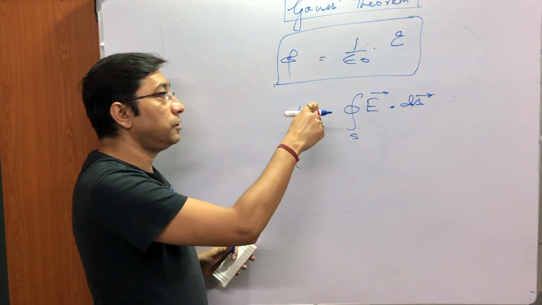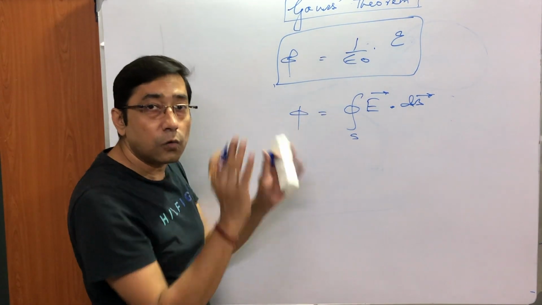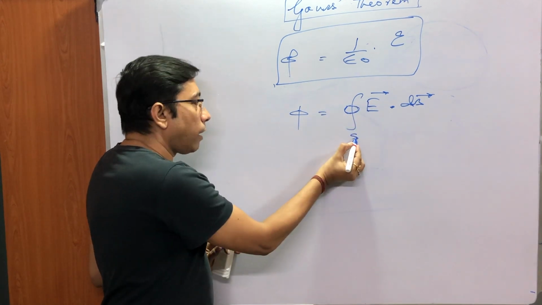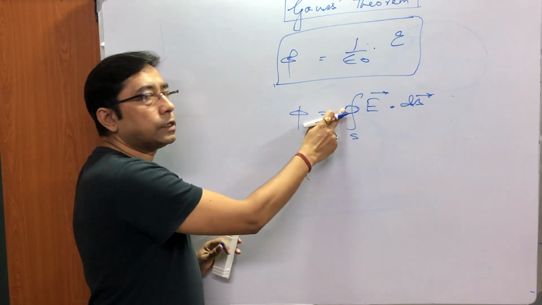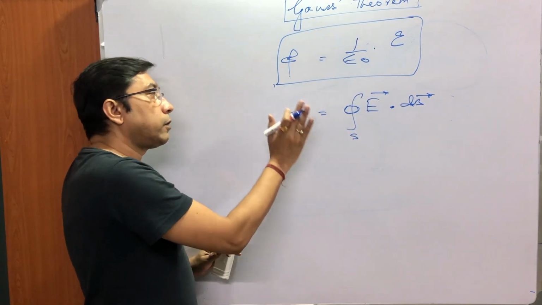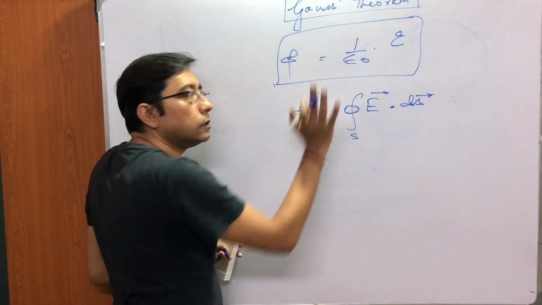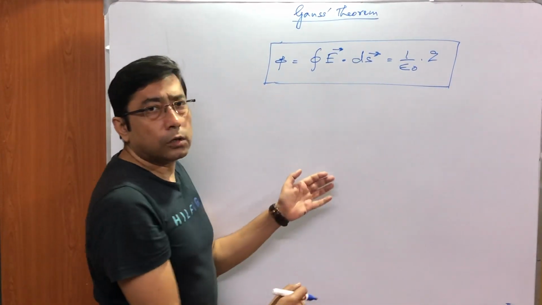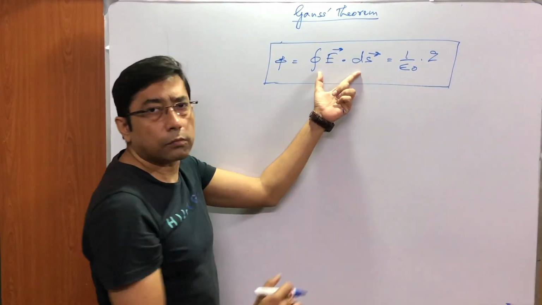That is why the Gaussian surface is a closed surface. Then we put this symbol and write S, that means surface integral. So surface integral of E dot ds is flux, but according to Gauss, flux should be like this. So combining them, we get this formula. Mathematical part, Gauss's theorem. Clear?